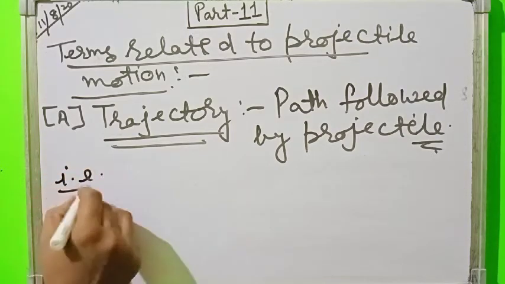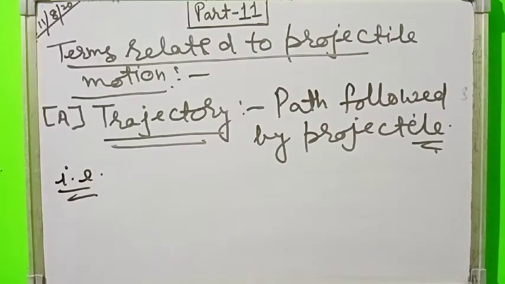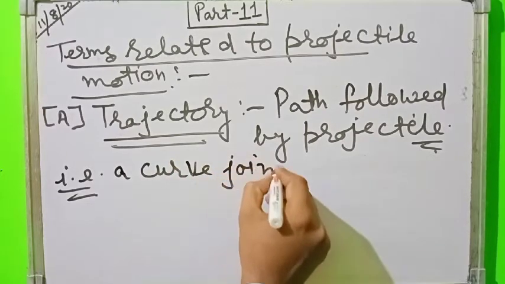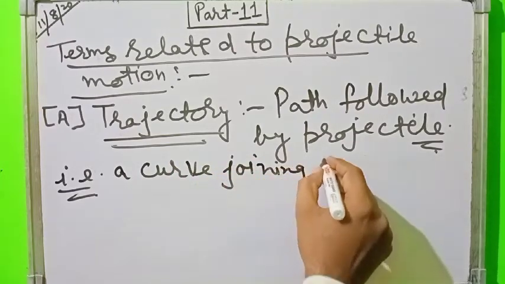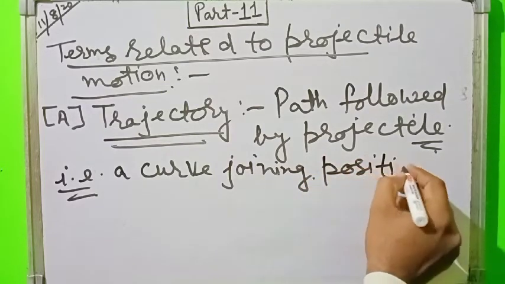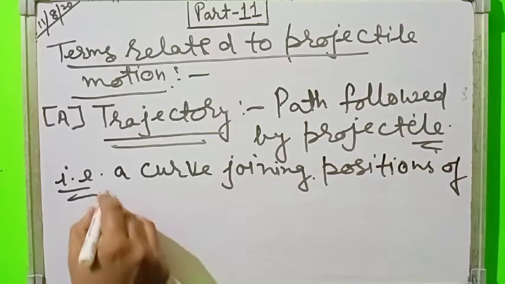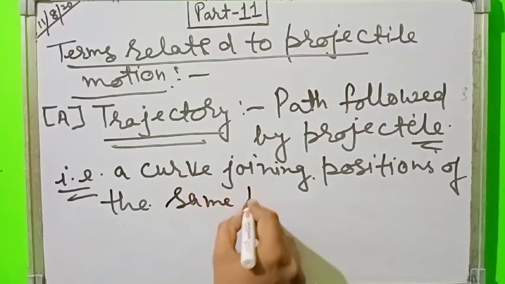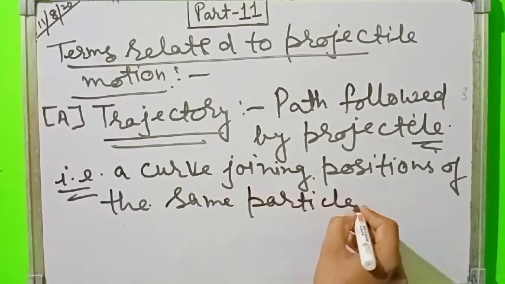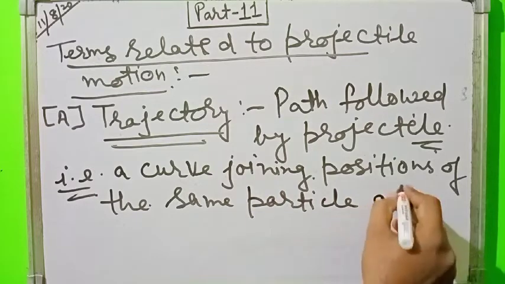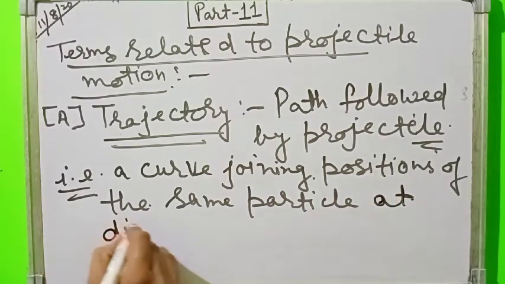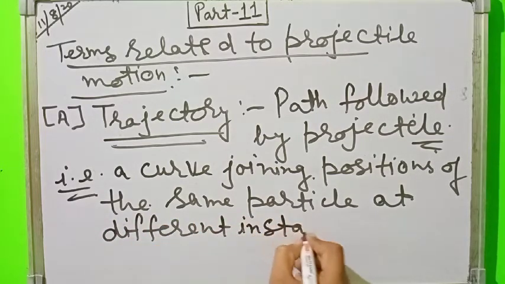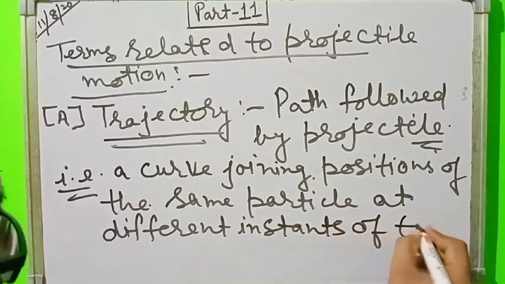You can define it as a curve joining positions of the same particle at different instants of time.